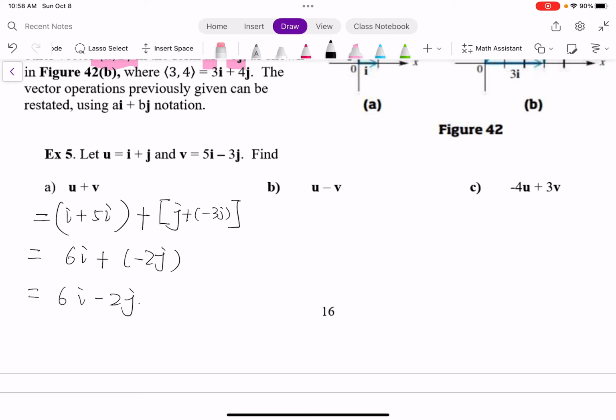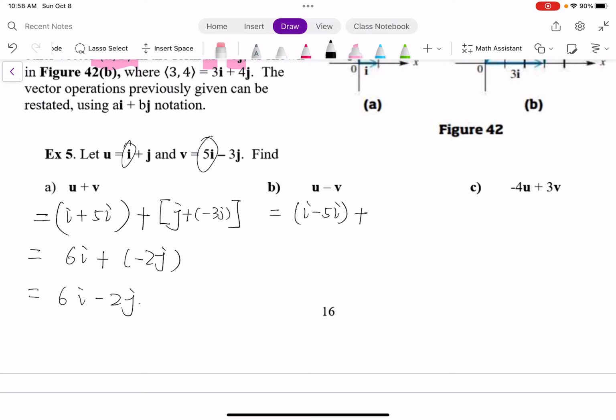How about u minus v? So let's see. u is i plus j, minus 5i minus 3j. So the i part is i minus 5i, and the j part is plus.